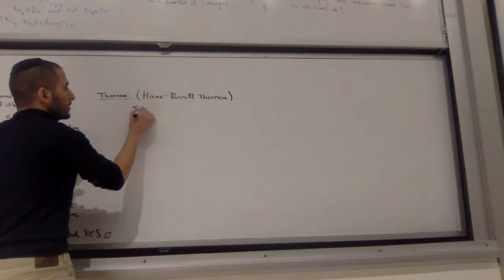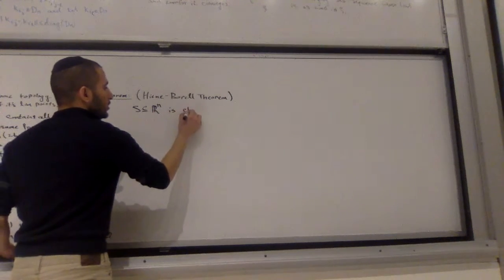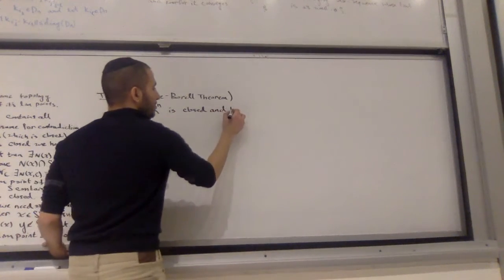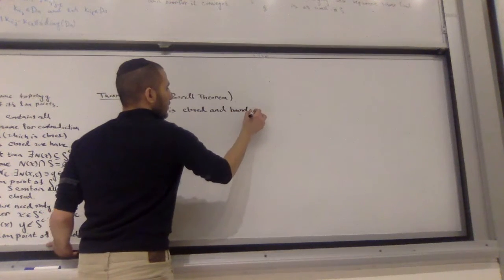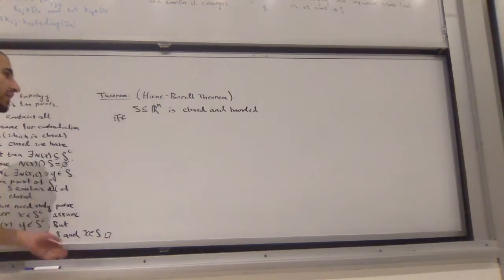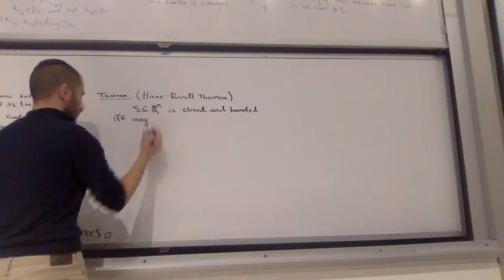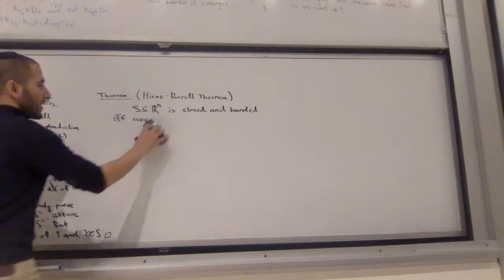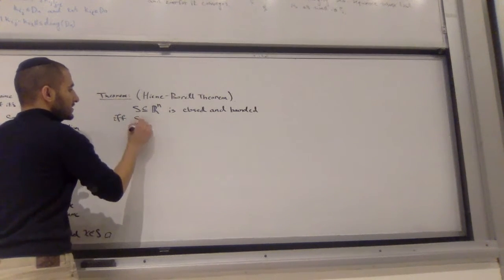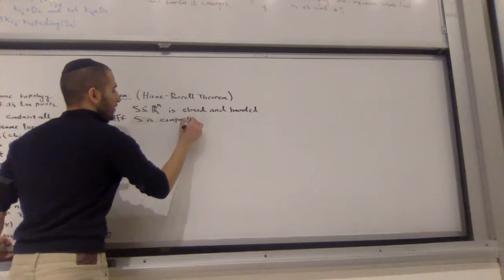S, a subset of Rn, is closed and bounded if and only if, well, we could say shorthand, but then I will elaborate. If and only if S is compact.